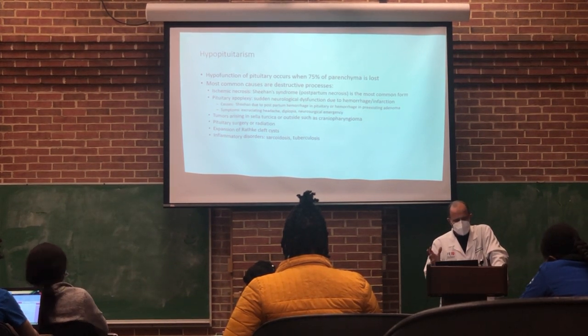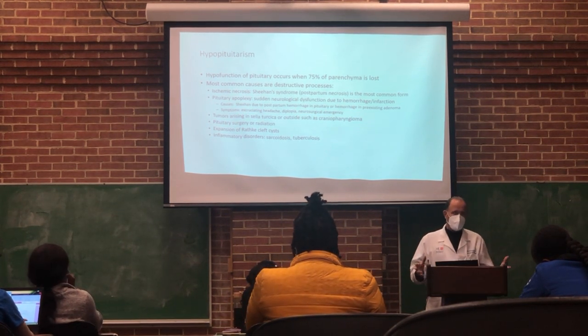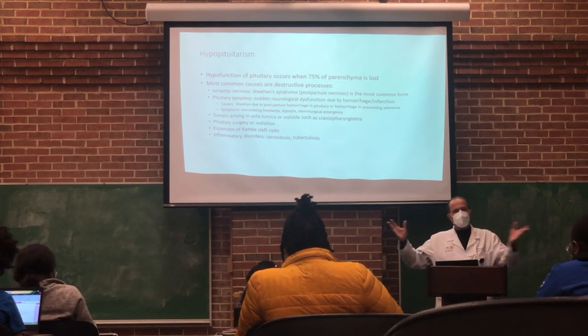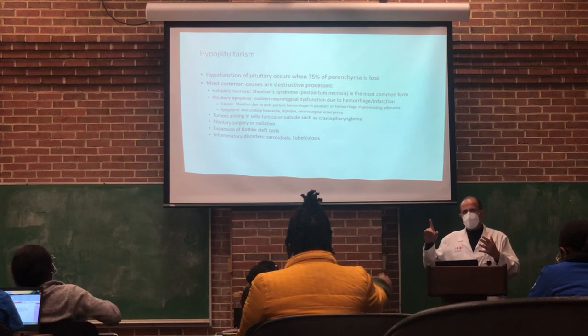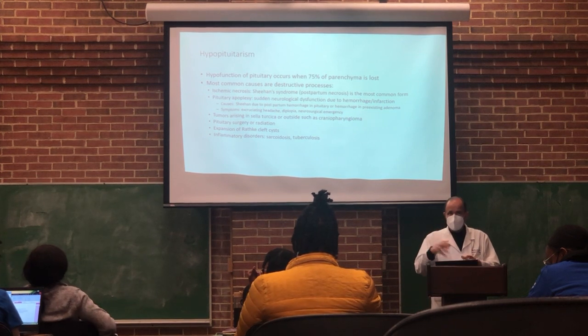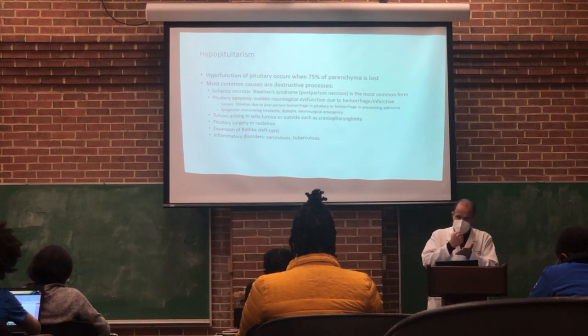And then the different causes of hypopituitarism, meaning when the pituitary is not doing its job right, it is a reduced function, and it can be due to many causes. Because of damage, because of congenital atrophy since birth, or because somebody had another tumor compressing the pituitary.